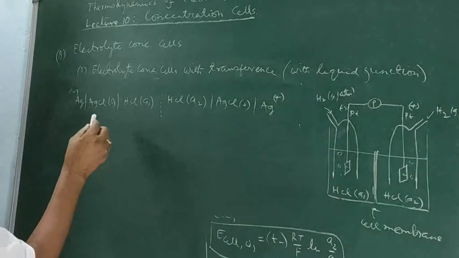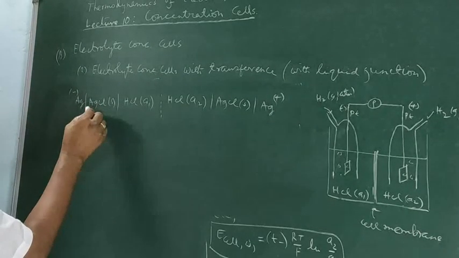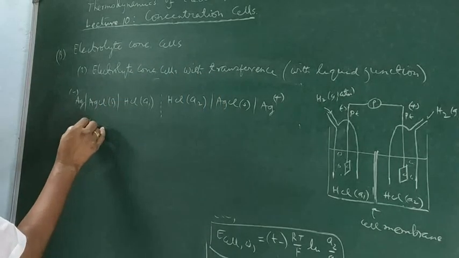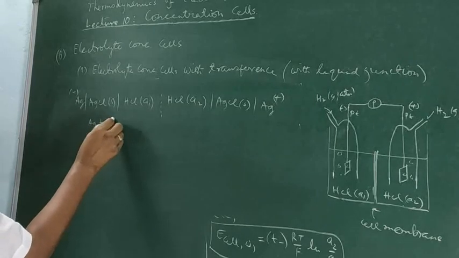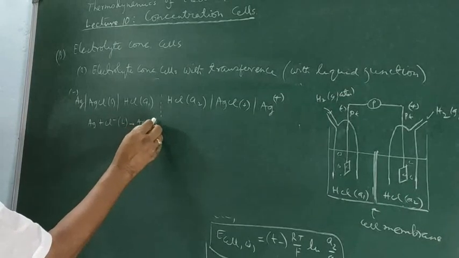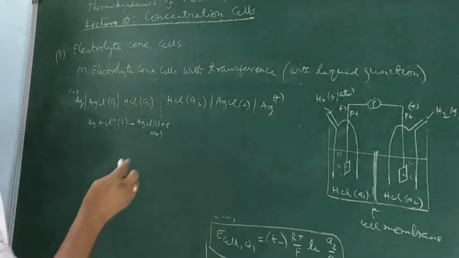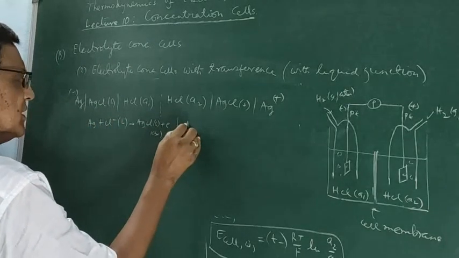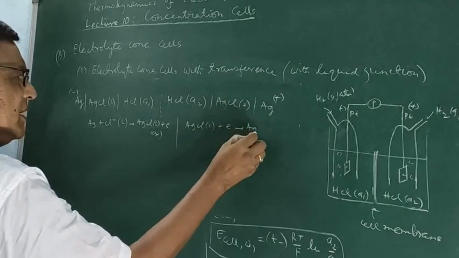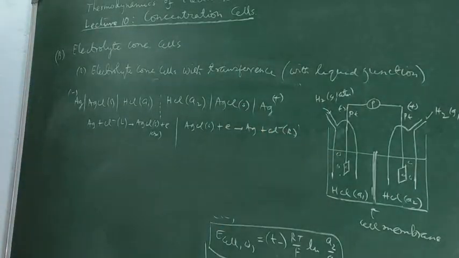And in this case, 1 Faraday of electricity has been drawn. On the left, this electrode: silver plus chloride ion gives silver chloride solid plus electron, and this is oxidation. So this electrode is reversible with the chloride ion. In this case also, silver chloride solid plus electron gives silver plus chloride ion to the right.